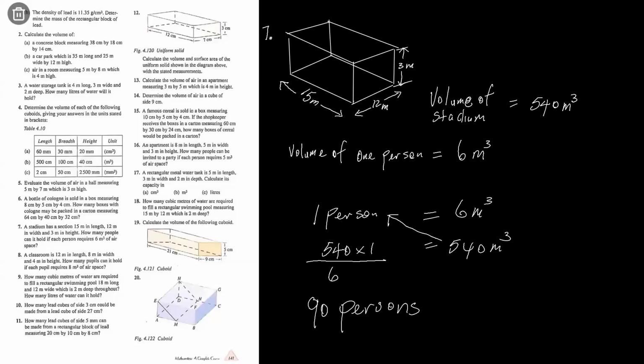Jenny, you made a small mistake. Check it again. Johansi, correct. So Jenny, you have to find the volume and then divide by the volume of the person. Try it again.